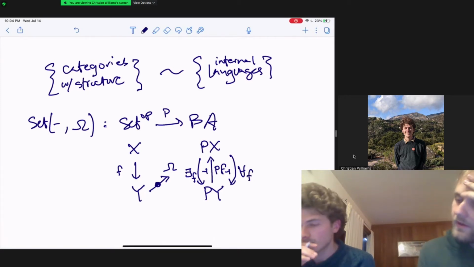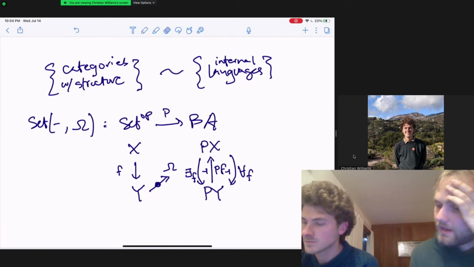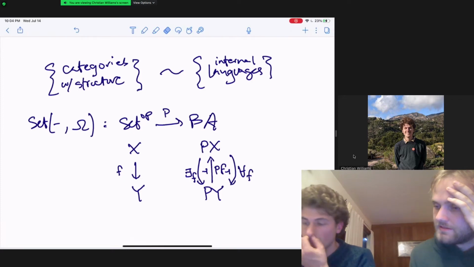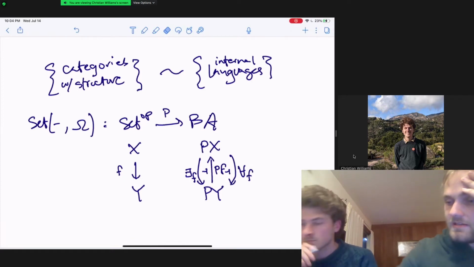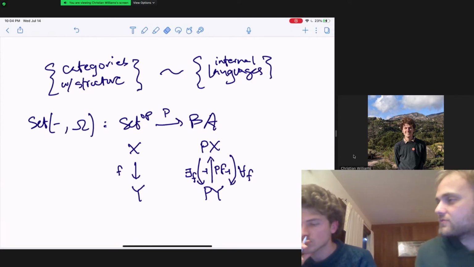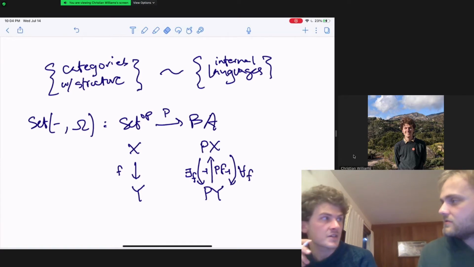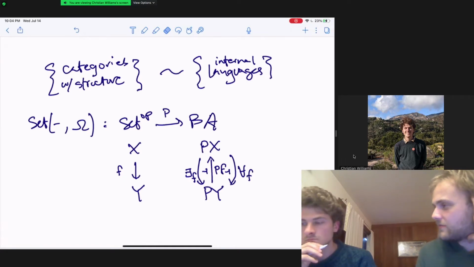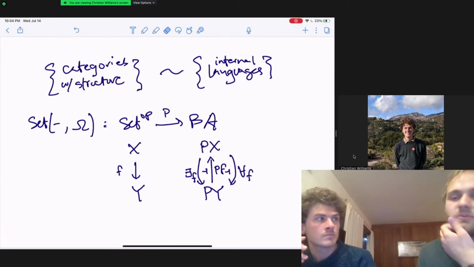The fact that we have these left and right adjoints is related to the idea that, in order to talk about left and right adjoints, Boolean algebra has to be a 2-category. Yes, exactly. So in general, when you have this fibration, do you typically think about a fibration into a 2-category?